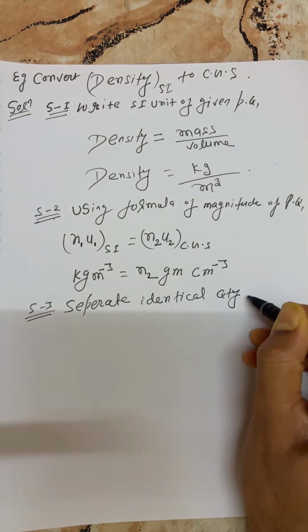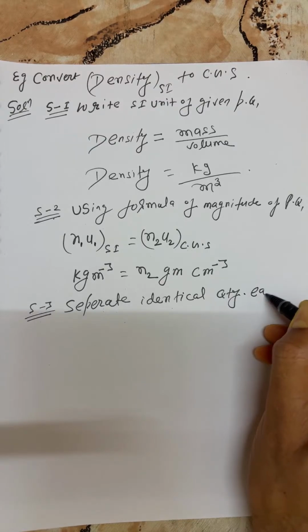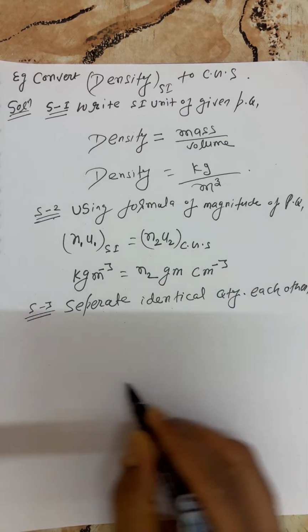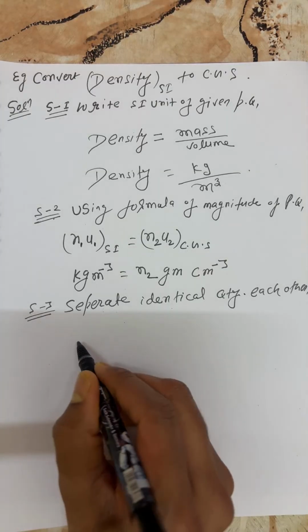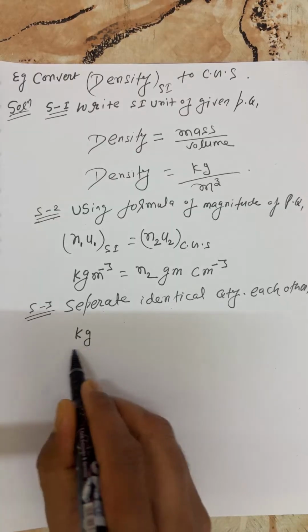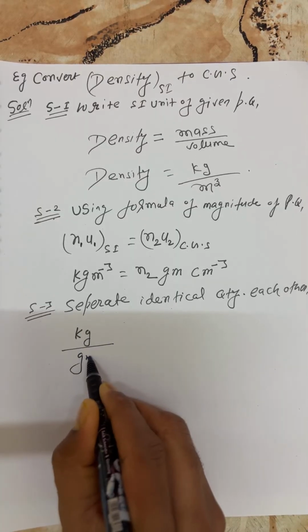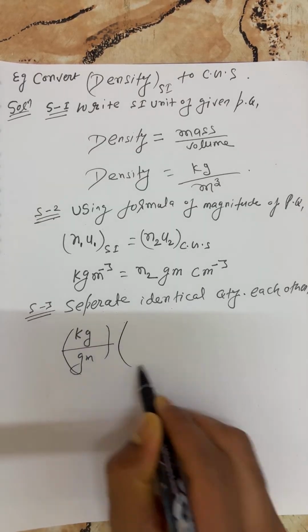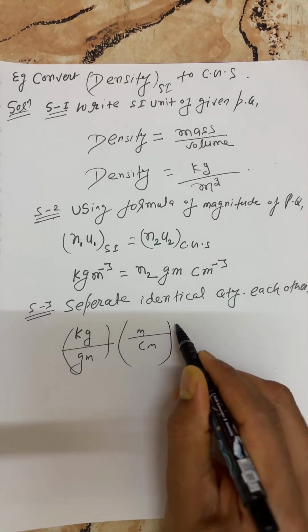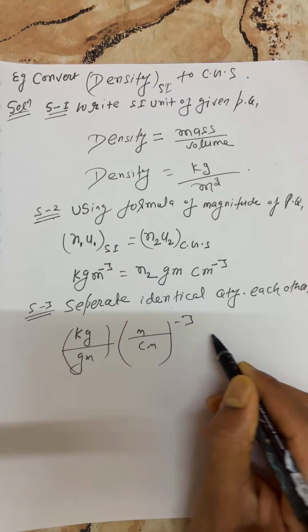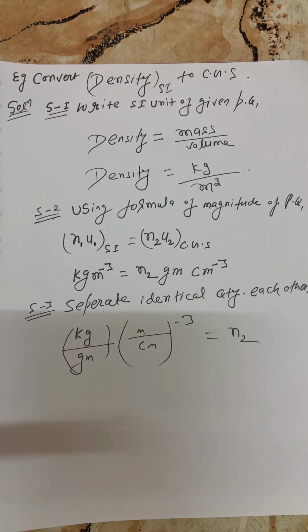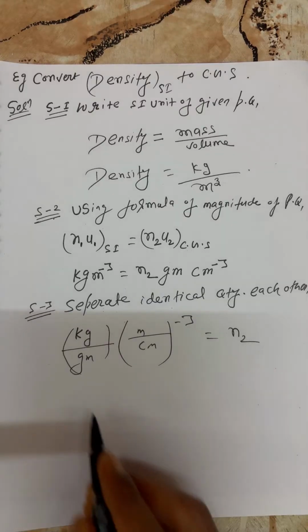Kilogram you can keep with gram, gram with kilogram, and meter to the power minus 3 with centimeter, which equals n2.